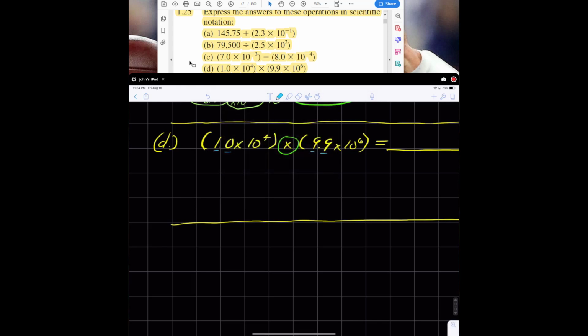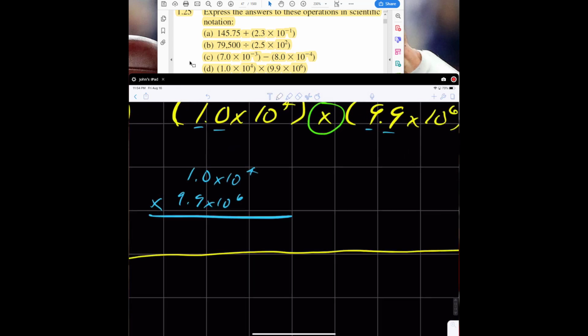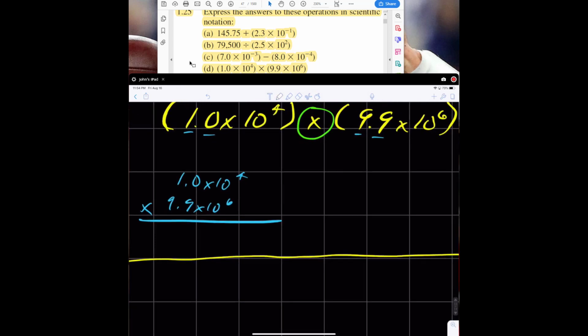So we can set this up however you want to do it. 1.0 times 10 to the 4 times 9.9 times 10 to the 6th. What this actually will come out to is a number times 10 to the 10 power.